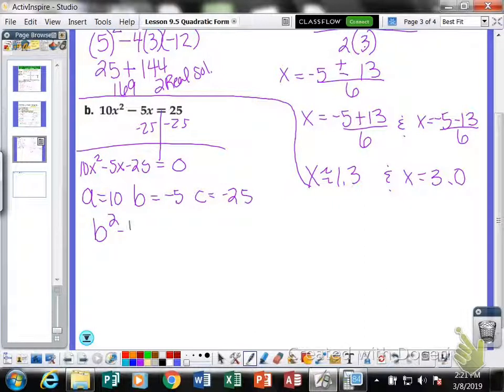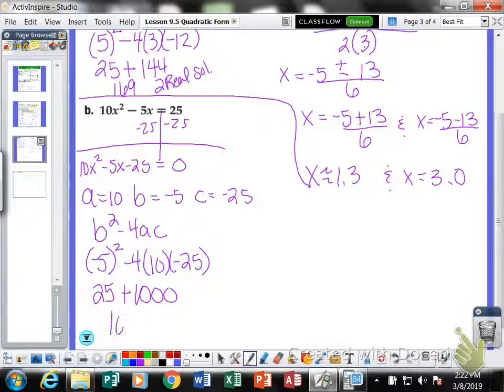B squared minus 4AC, the discriminant, so I get negative 5 in parentheses squared minus 4 times 10 times negative 25. So then I get 25 plus 40 times 25, 1,000. So then I get 1,025. I should get two real solutions.